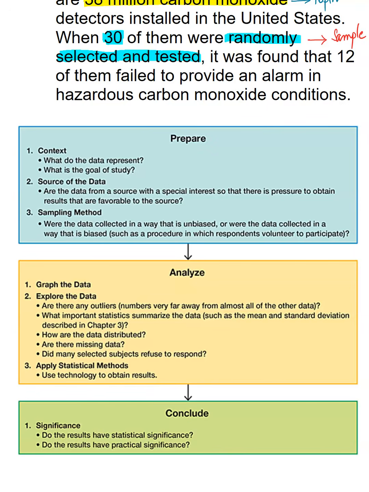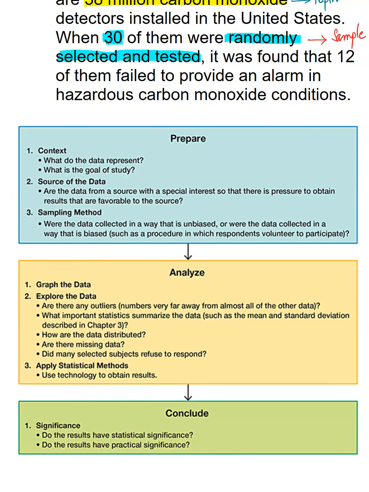Then analyzing, that is where the yellow portion is, where it becomes more mathematical, because now you've got the data. You're going to use statistical techniques to cleanse the data to see if there are any outliers. And we're going to talk about all these, but we just want to see how the data is distributed, how it can be tabulated. Are there any missing data?